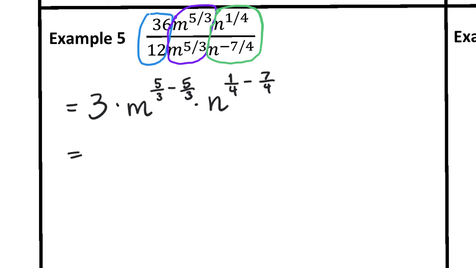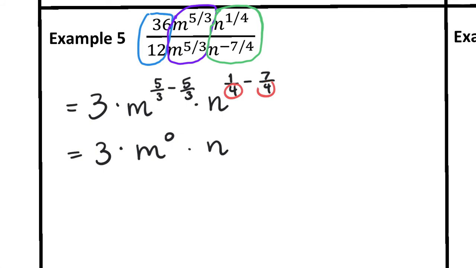And then it equals, bring down the 3. 5 thirds minus 5 thirds is m to the 0 power. Then with the n, they have a common denominator. They both have 4, so the numerators can subtract. So 1, oh, you know what? Sorry about that.